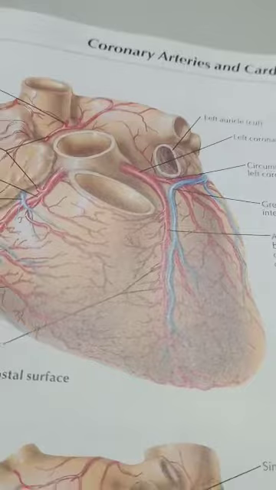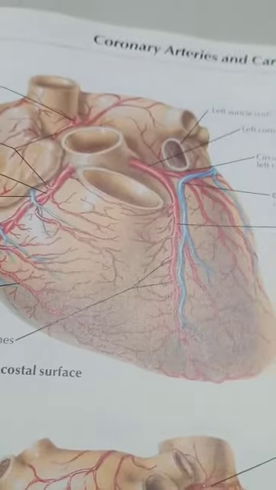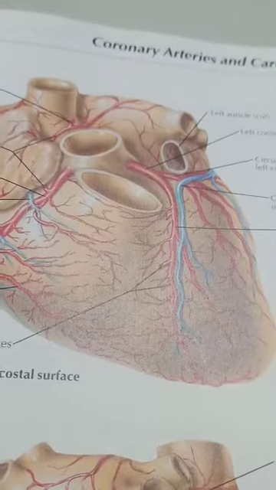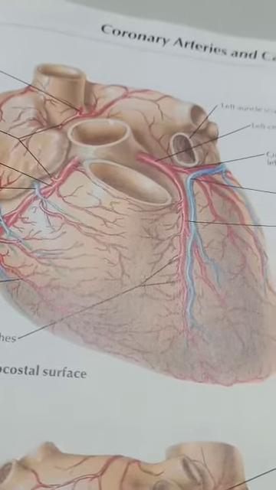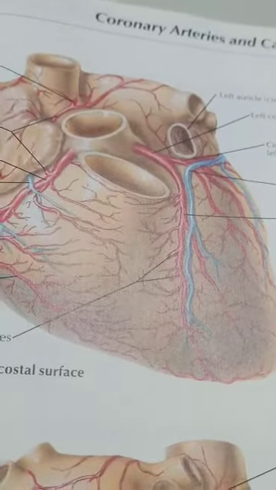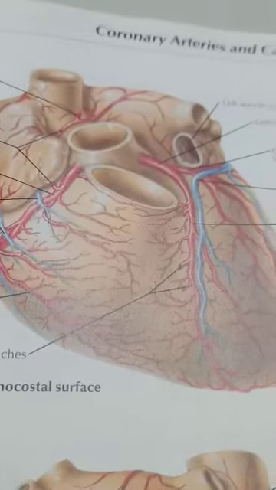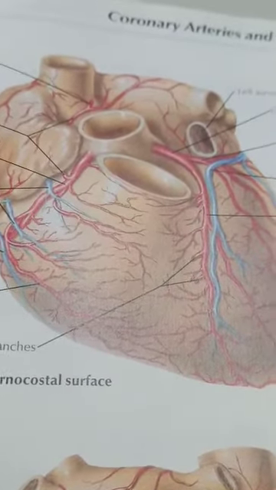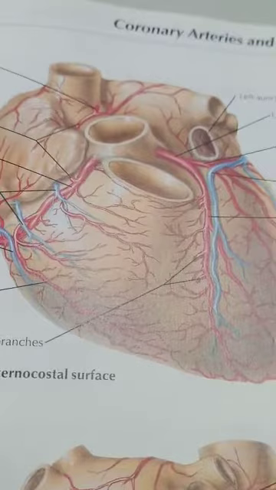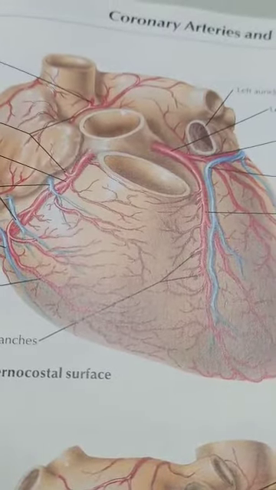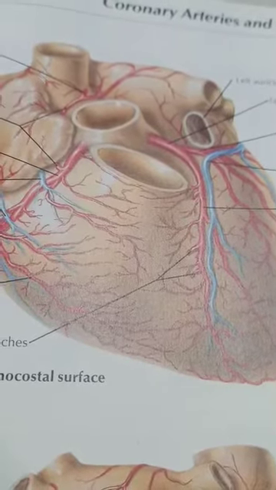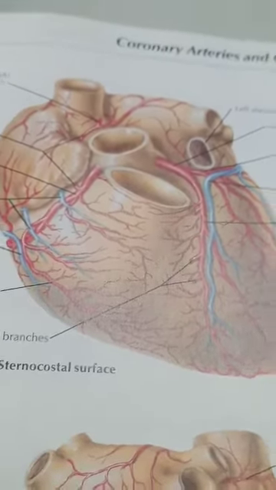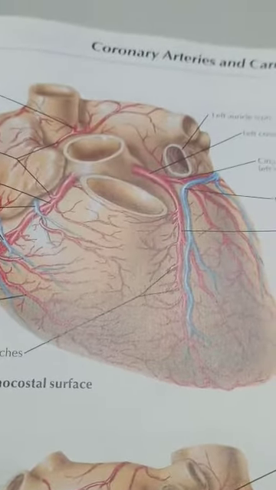We already studied that the coronary arteries are examples of physiologic functional end arteries. Functional end arteries means that even though there is anastomosis between the branches of the coronary arteries, the anastomosis is not effective, and they cannot compensate for each other.